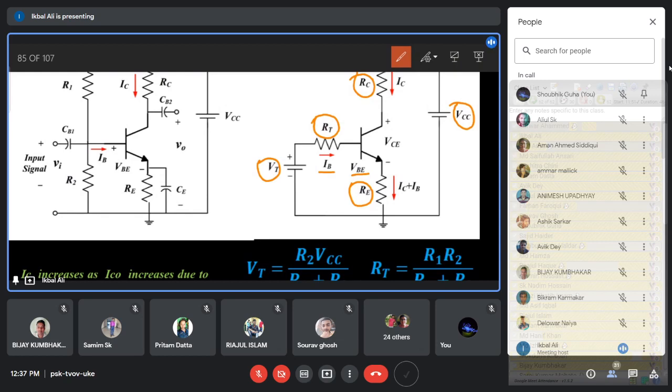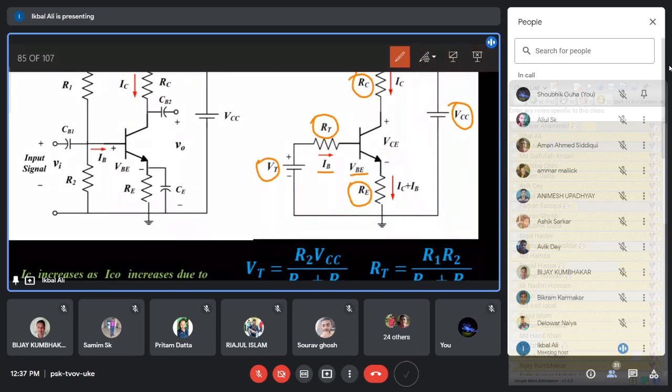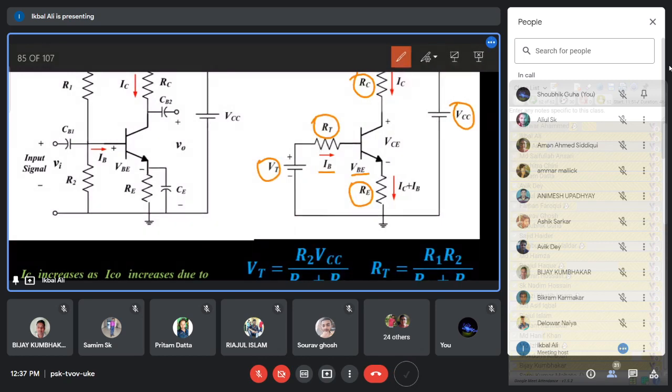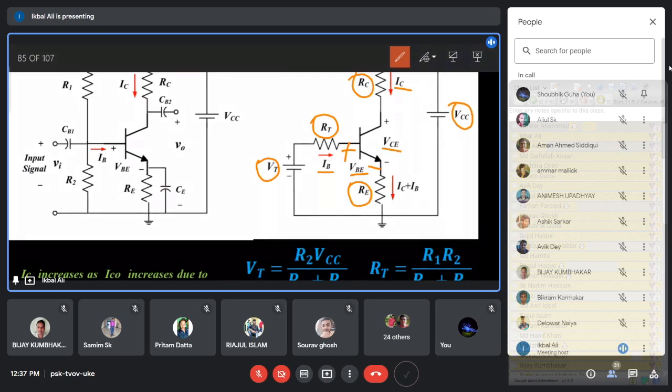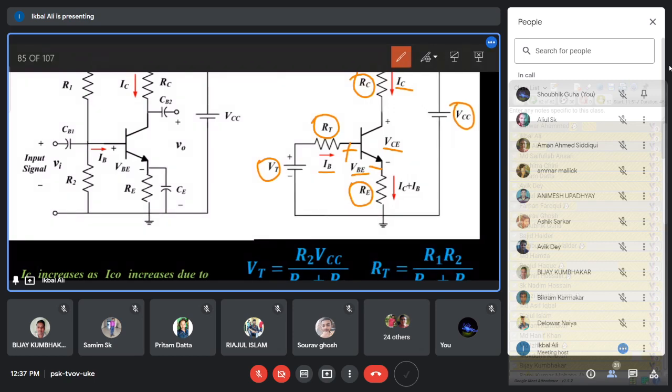So the base current is unknown, as well as the base emitter voltage VBE. Similarly, at the output side, the collector current is unknown and the collector emitter voltage between collector and emitter is also unknown. So these are the unknown quantities of the transistor.